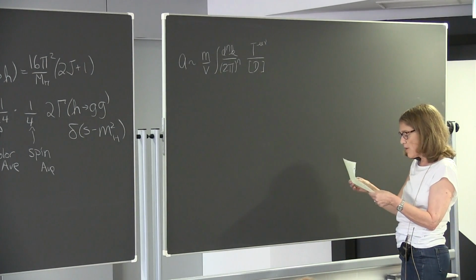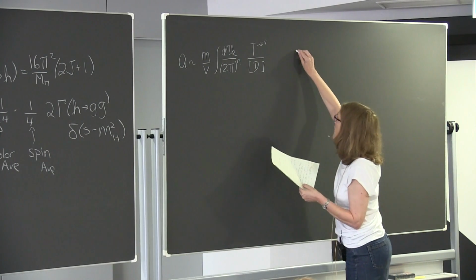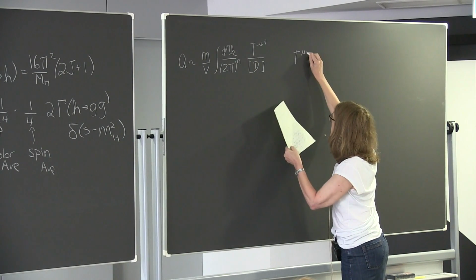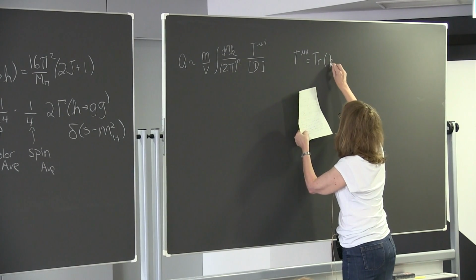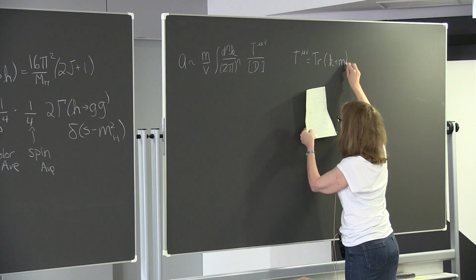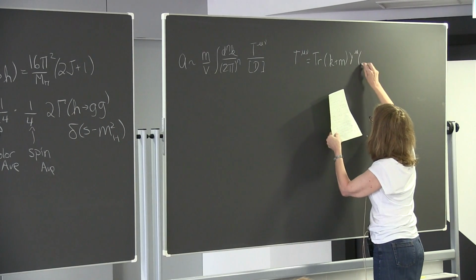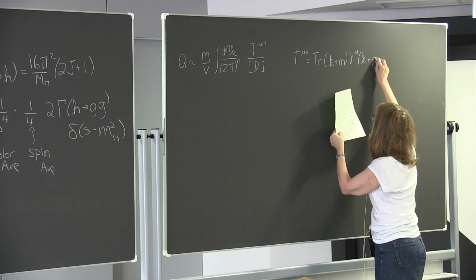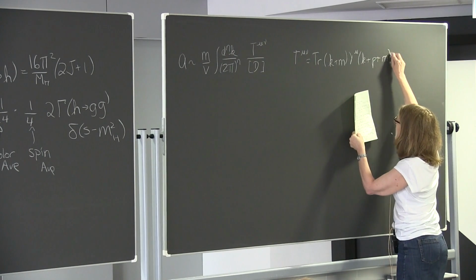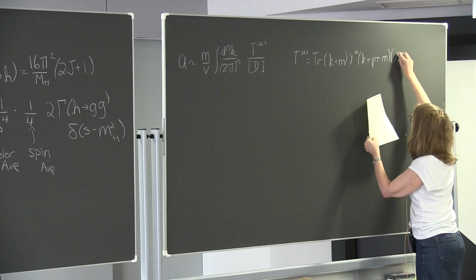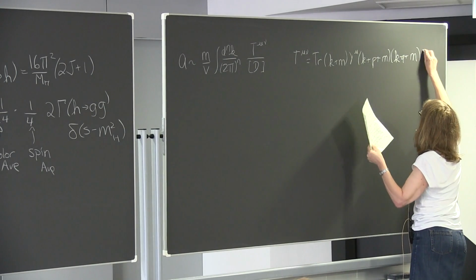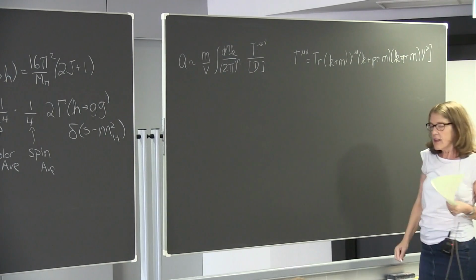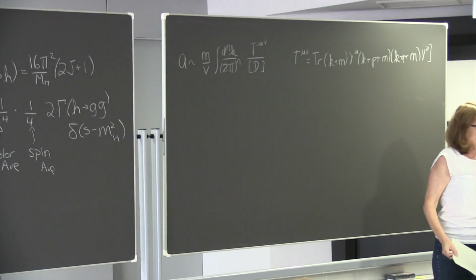Okay, so the physics here is this numerator, T mu nu, is equal to, let me just write it down, trace of (k-slash plus m) gamma mu (k-slash plus p-slash plus m) (k-slash minus q-slash plus m) gamma nu. Okay. So you notice something funny about this.